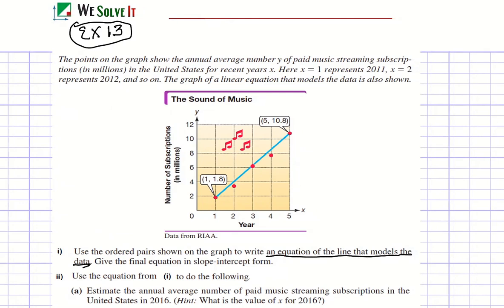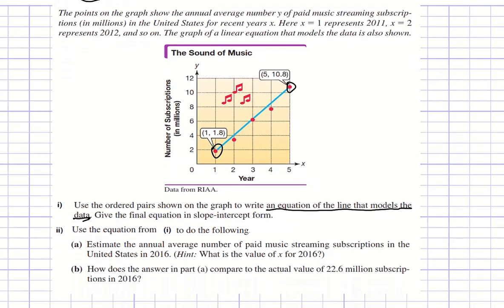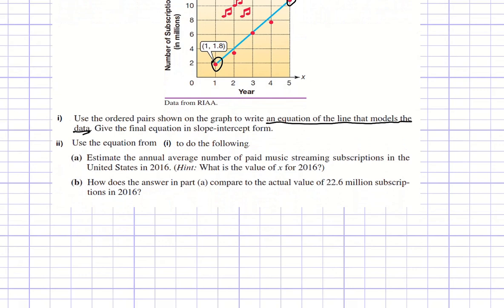Okay, so we're modeling data here. I told you linear equations are very, very useful. So let's do the first one. They want you to use the points given. See, they give you 2 points. They want you to use those points to write an equation that models the data. Okay, so let's do I.